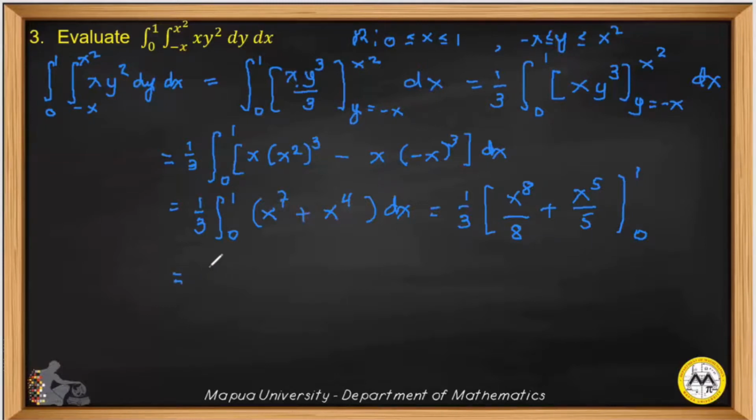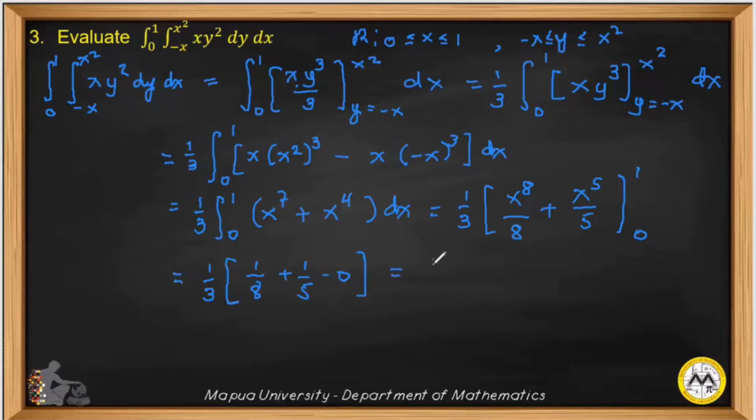Hence, we have 1/3 times, evaluating the integral when x is equal to the upper limit 1 gives us 1 over 8 plus 1 over 5, minus the value of the integral when x is equal to 0, so minus 0.